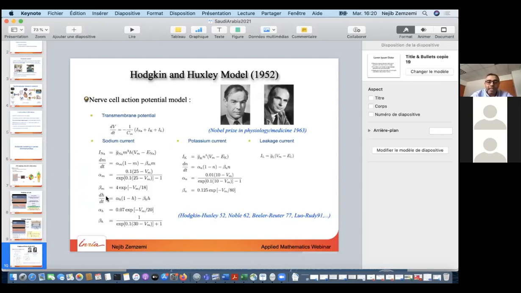You can see the same thing for the gate variable H. We have the same structure of the governing equation, and the same for the n gate variable here for the potassium current.